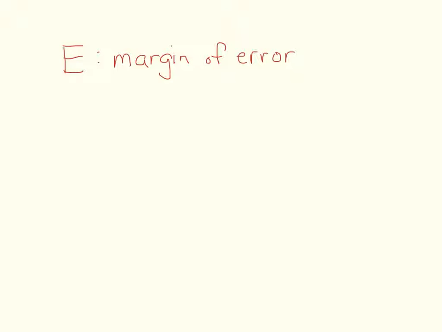So what we say is that the actual value of p is going to fall between our p hat, our sample proportion, minus our margin of error, and our p hat plus our margin of error.